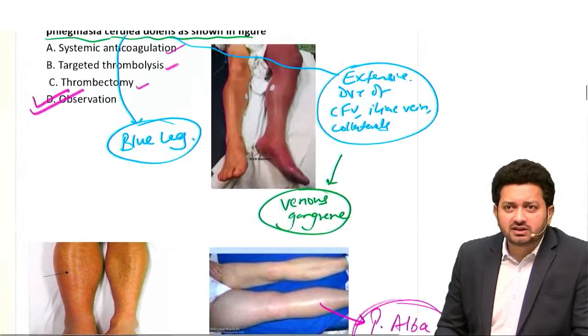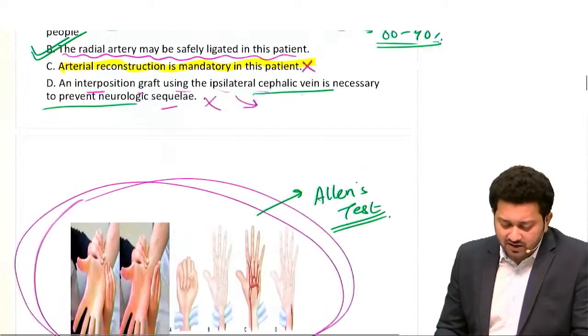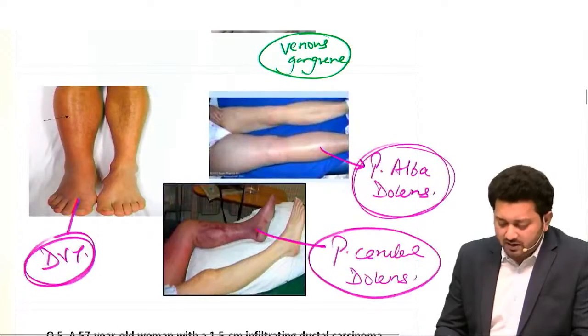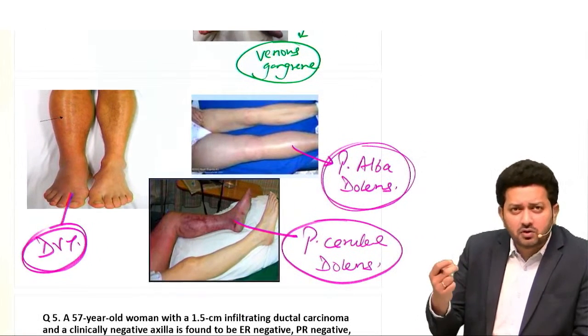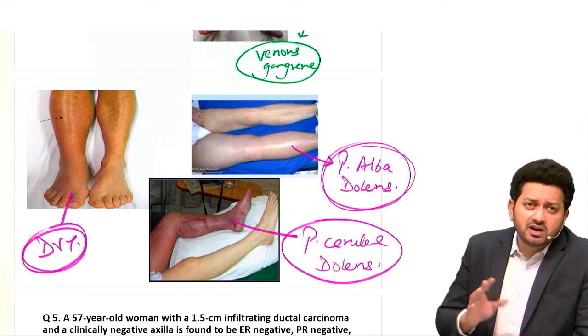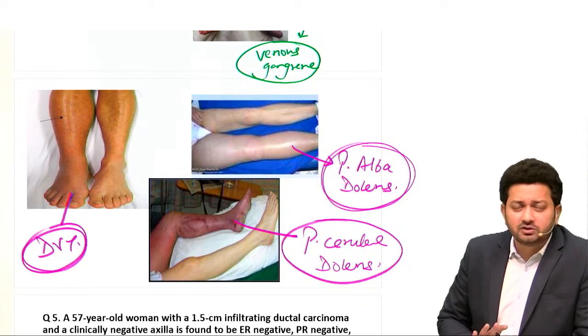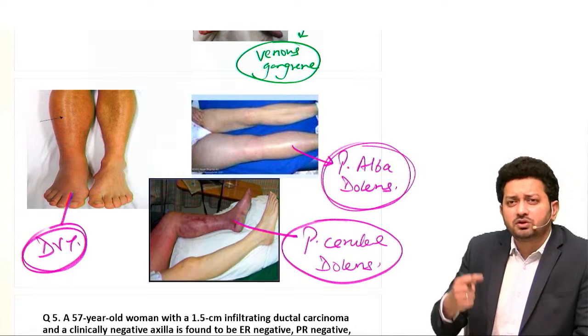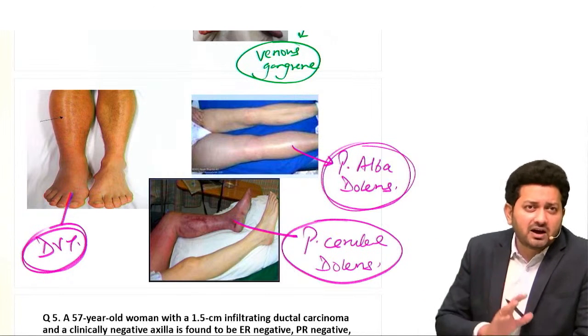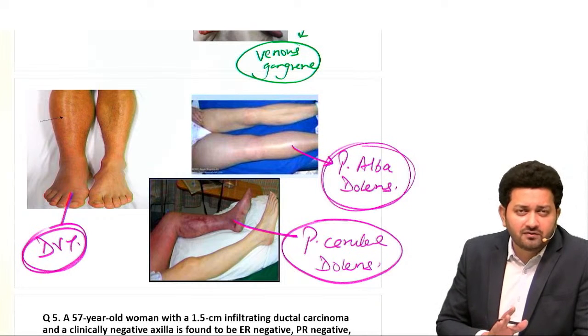Okay, so observation, no. Even in alba dolens, initially you can give systemic anticoagulation. You have to do some kind of anticoagulation, maybe not surgery per se, but anticoagulation you need to do in that case also. Observation is something which you should not do in any DVT for that matter. Even in usual calf DVT, we give low molecular weight heparin.